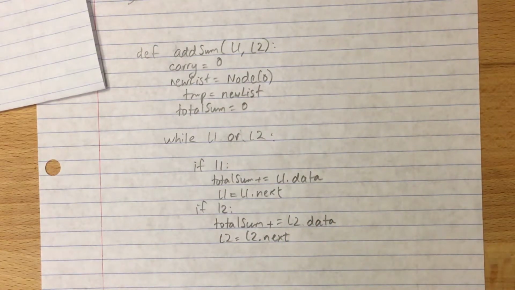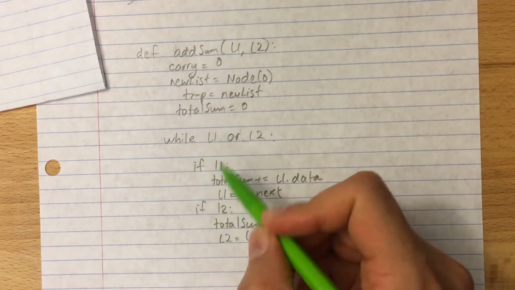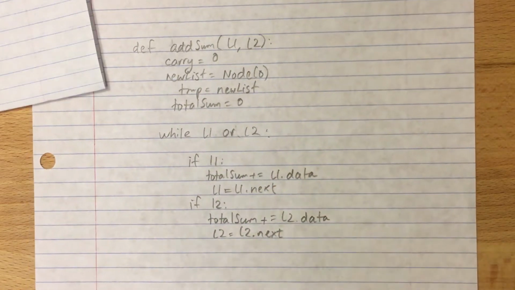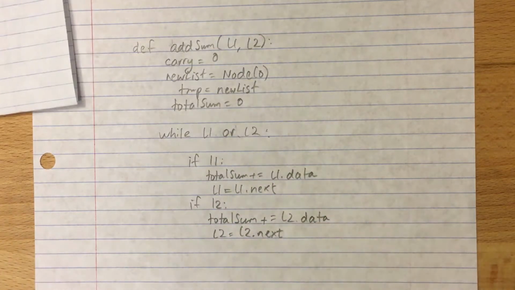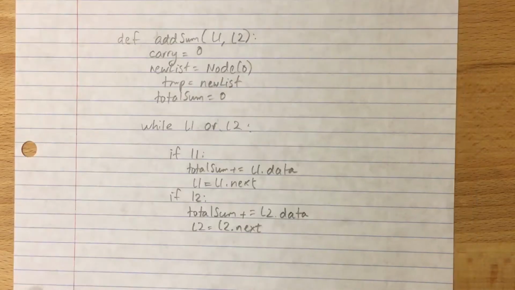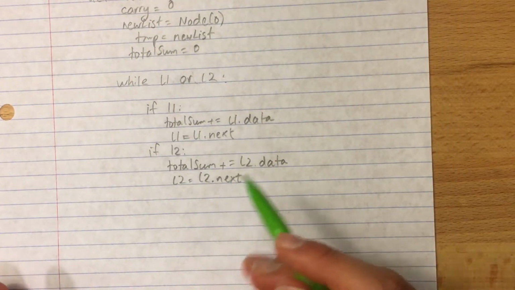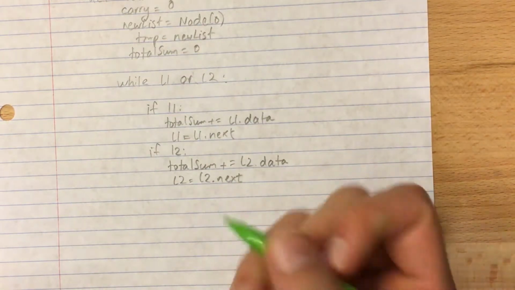Great. This seems pretty straightforward so far. We have added the contents present in the 2 lists and stored it in a temporary variable. The things we're still missing though are the carryover and actually appending the value to our list. So let's take care of that.